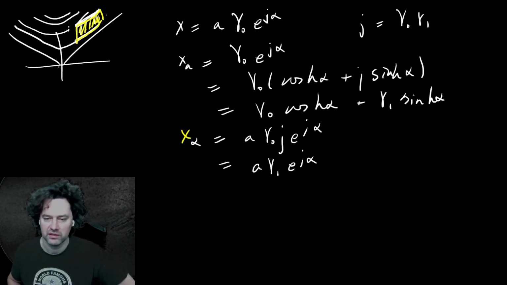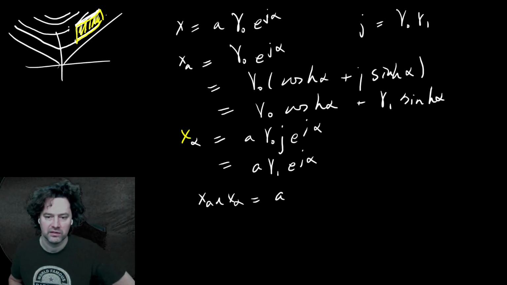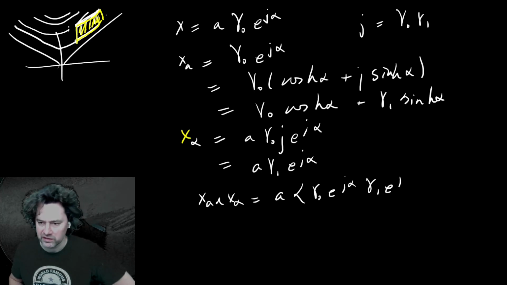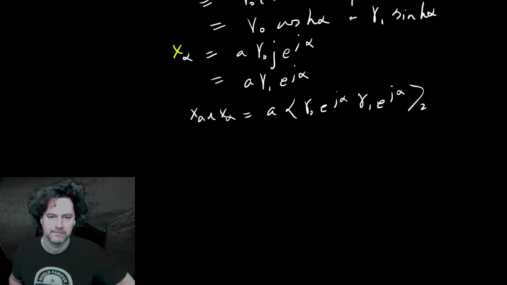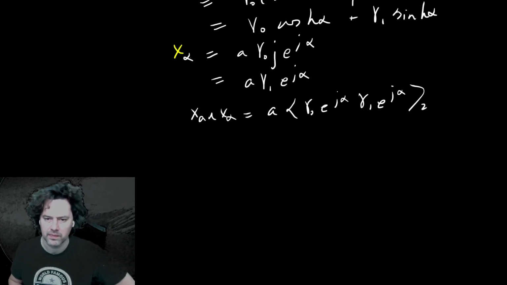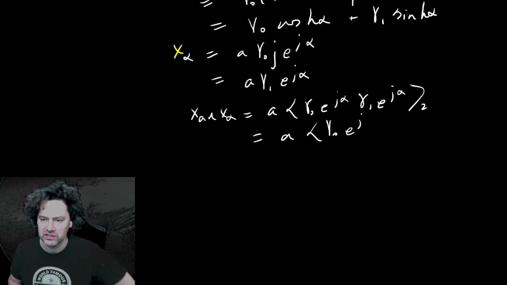Okay, so what's our area element? XA wedged with x alpha is the grade 2 selection of a gamma naught e to the j alpha times gamma 1 e to the j alpha. So that is a gamma naught e to the j alpha.